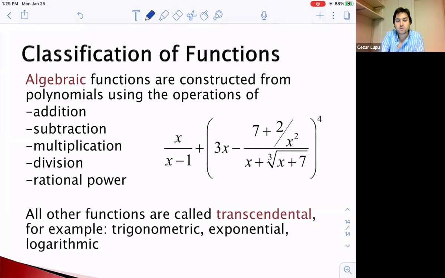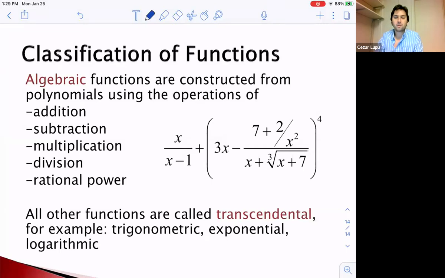All other functions are called transcendental. For example, trigonometric, exponential, logarithmic. And the prototype for algebraic functions is, for example, this one.